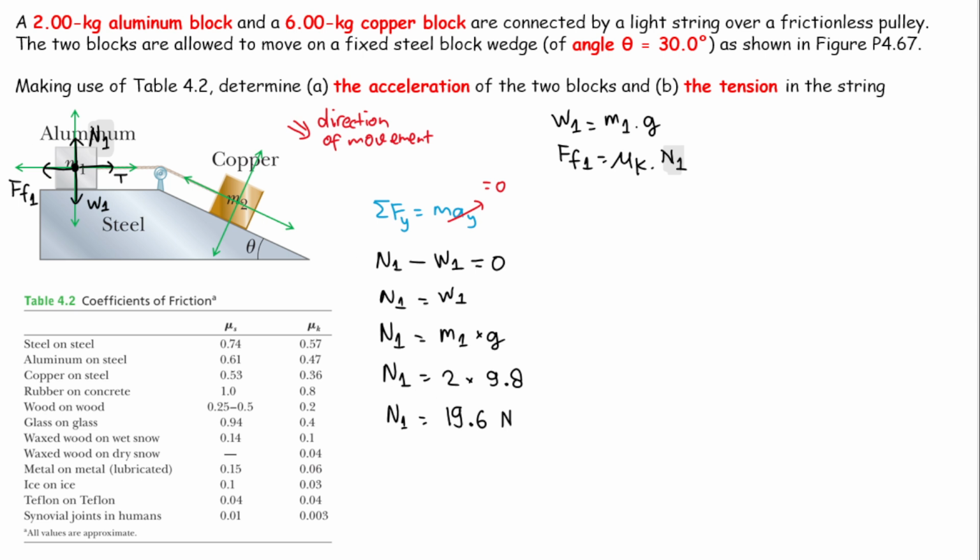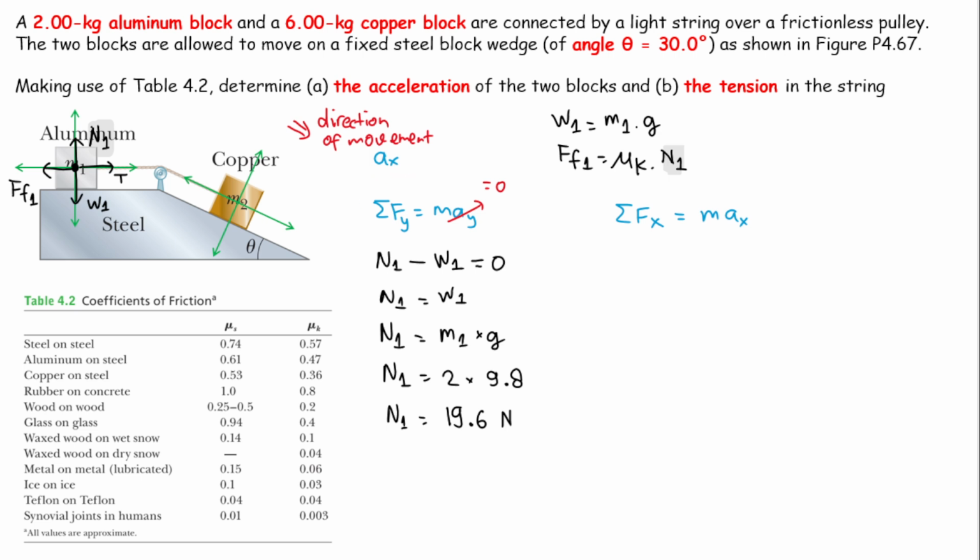Okay, so now let's do the horizontal direction. We will have sigma Fx equal to mass times acceleration. Let's name this Ax. The movement is going that way with an acceleration of Ax, and this is not 0 because they are moving in that direction.